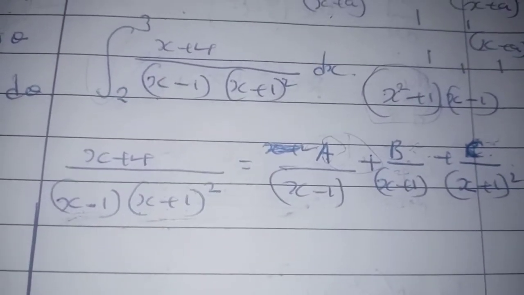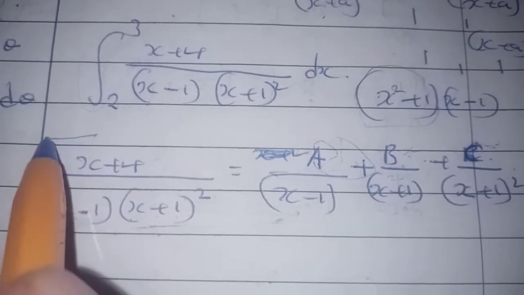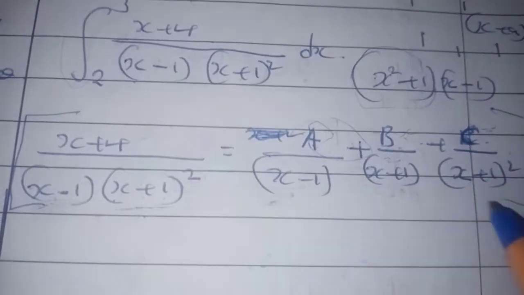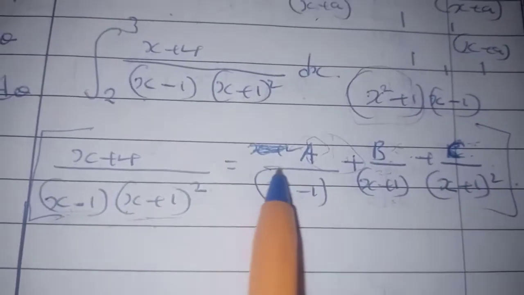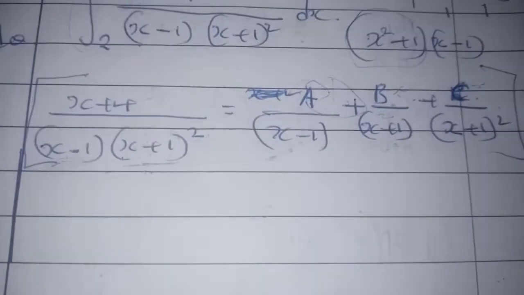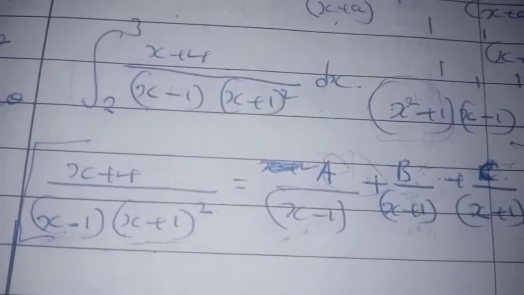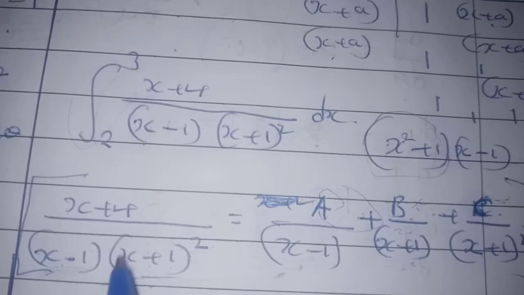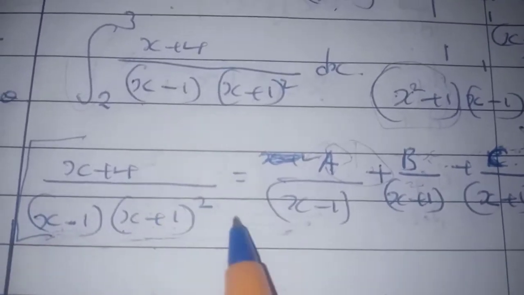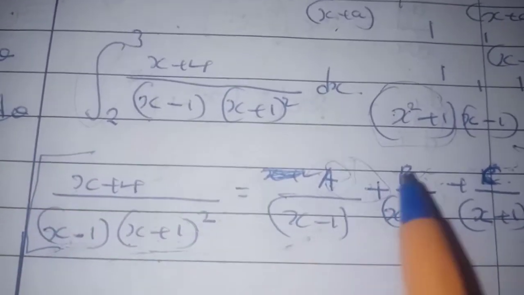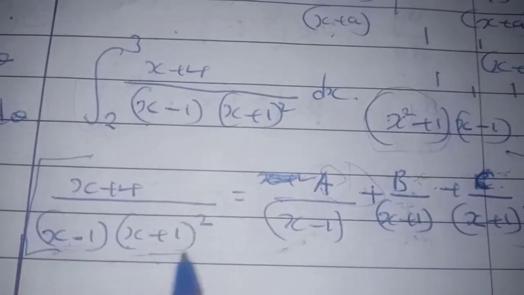We have equated this function with this one, meaning this should be equal to this. So to evaluate this, you take this denominator and multiply both sides by it, so that the denominator goes away.